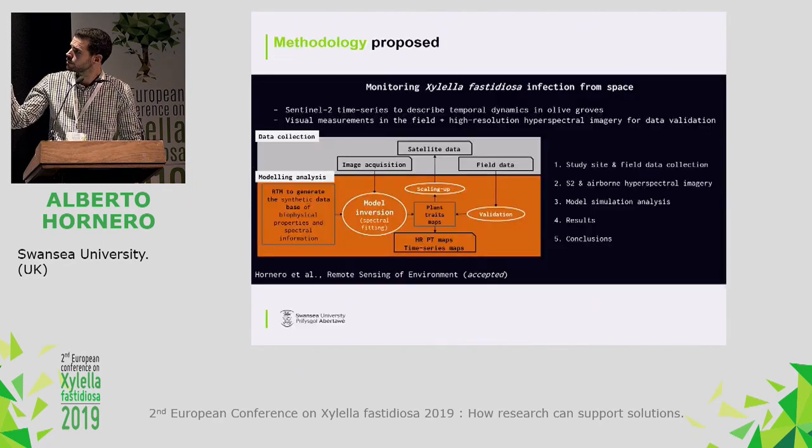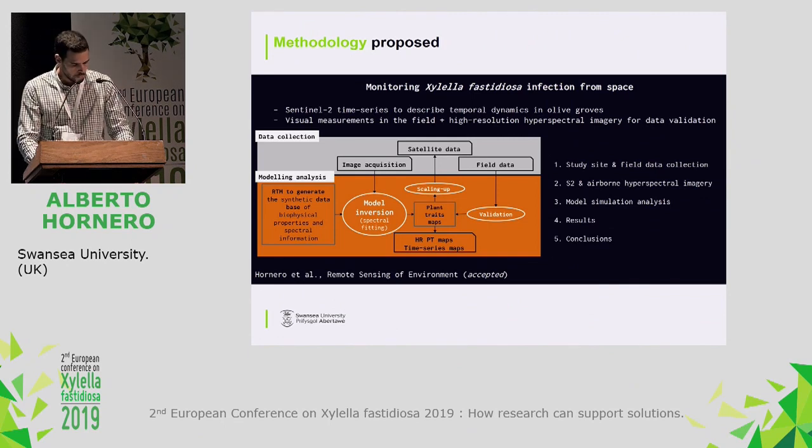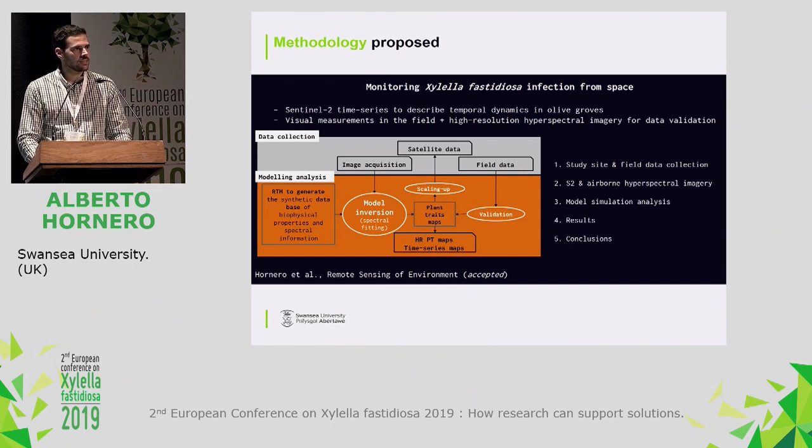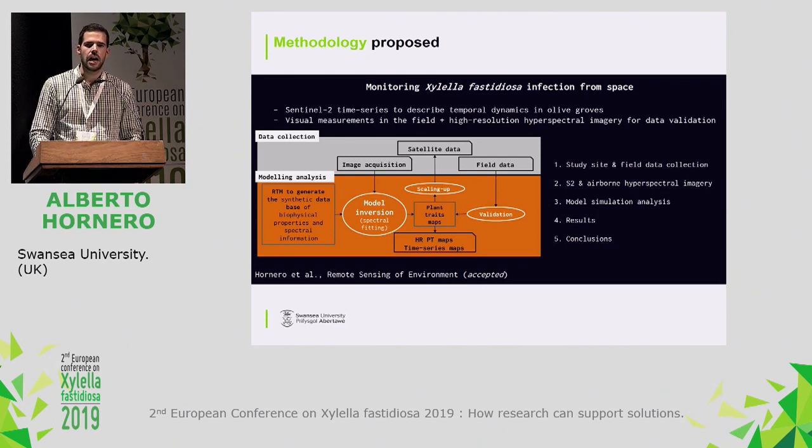So I would like to present a new methodology for monitoring Xylella fastidiosa infection from space. This study, which was recently accepted and should be published in a few weeks, evaluates the use of Sentinel-2 images together with a radiative transfer approach to control epidemics caused by Xylella fastidiosa in olive trees.